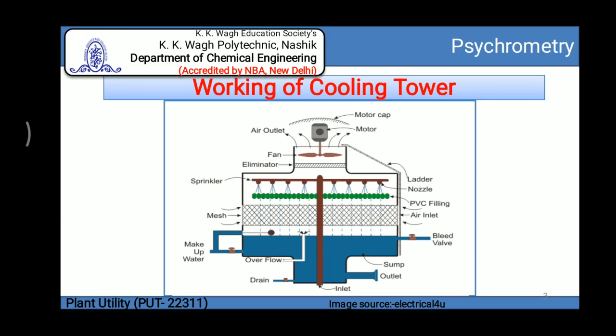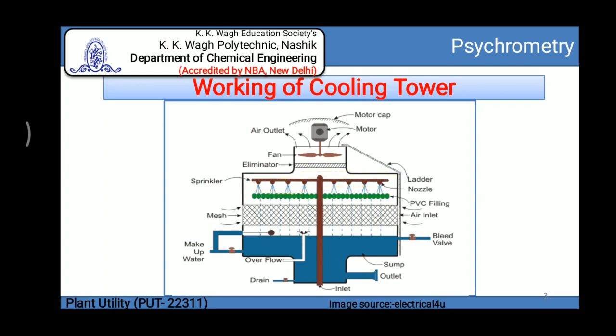The working principle of the cooling tower is evaporative cooling. The hot water is the input to the equipment and comes from the top of the cooling tower through the sprinkler. The hot water flows through a pipe and is made to pass through these spray nozzles.